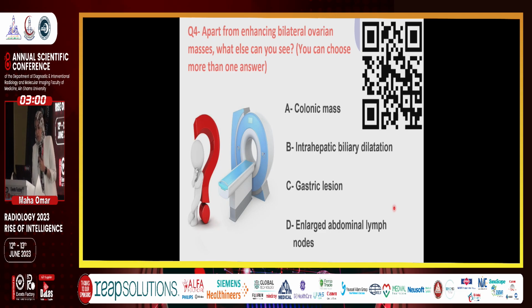So, apart from the enhancing bilateral ovarian masses, what else can you see? You can actually choose more than one answer. Can you see A, colonic mass, B, intrahepatic biliary dilatation, C, gastric lesion, D, enlarged abdominal lymph nodes? You scan the QR code and choose question number 4 and submit your answer.